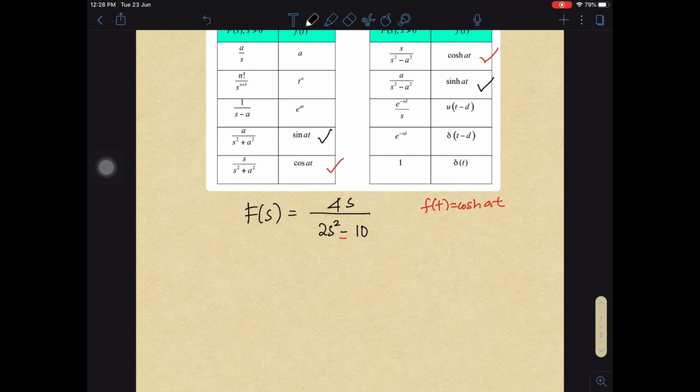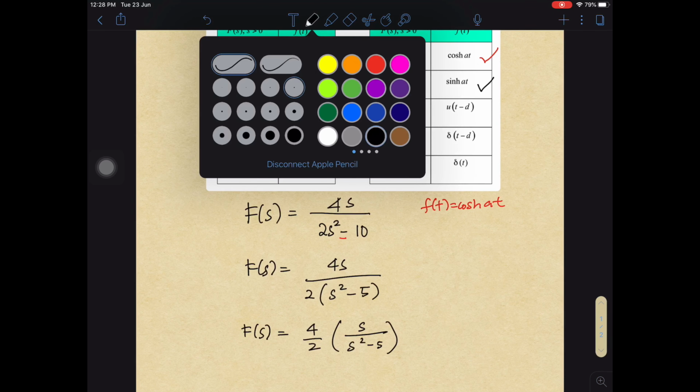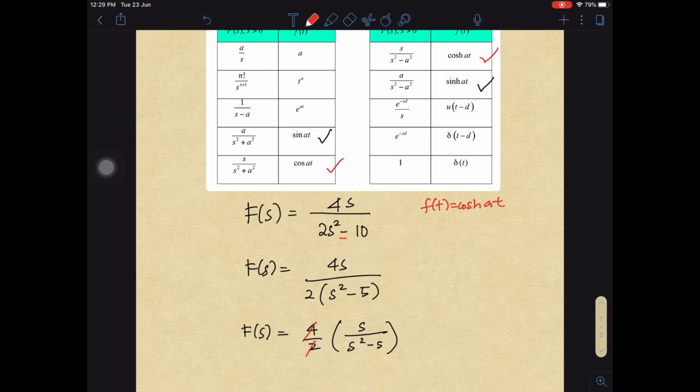So what we will have for our F(s) is 4s over 2, and in the bracket you are left with s squared minus 5. Then you can take out the coefficient, so we have F(s) equal to 4 over 2, and in the bracket we are left only with s over s squared minus 5. Okay, 4 over 2 can be simplified to be 2.